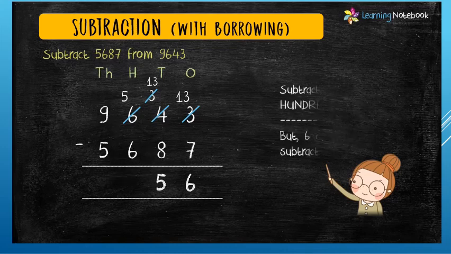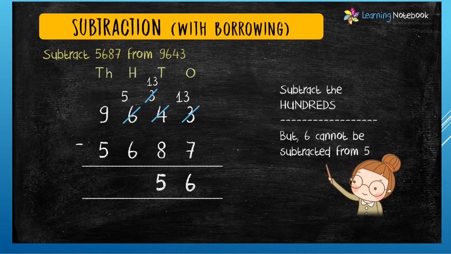Now let's move on and subtract the digits at hundreds place. But again 6 cannot be subtracted from 5. So let's borrow from thousands place. So 9 becomes 8 and 5 becomes 15. Now 15 minus 6 equals 9.